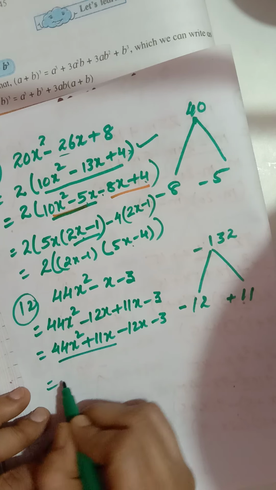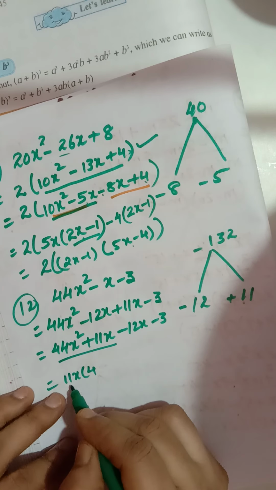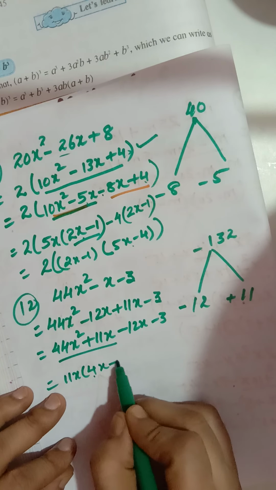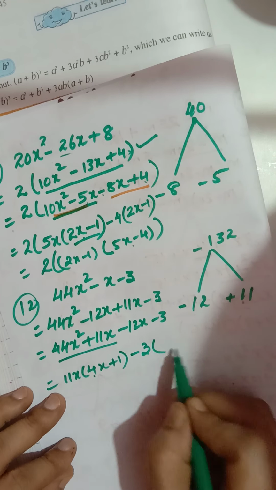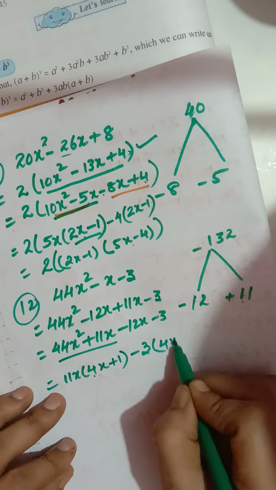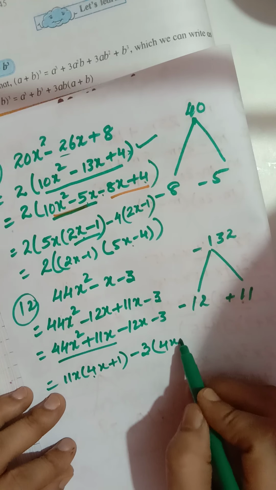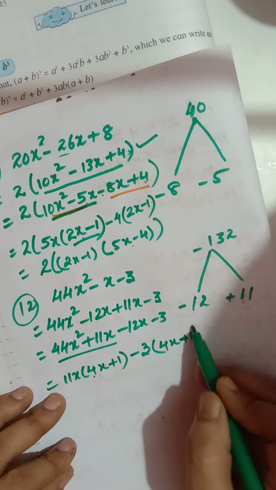Now from these both terms, 11x is common. What remains? 11 4s are 44 and 1x is remaining, plus 1 because everything has come out. Now here minus 3 common, 3 4s are 12, and 1x is remaining, so 4x. Since minus sign is taken out, it will be plus, and 3 is already out, so plus 1.